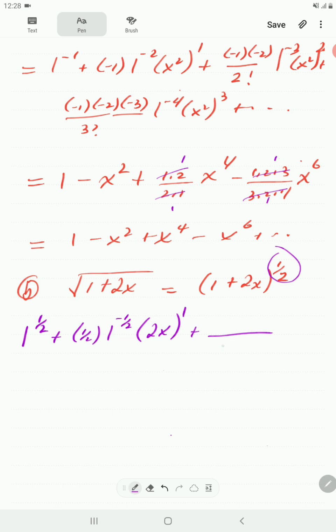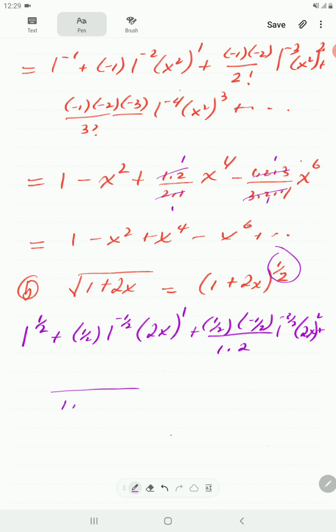Then for the next term, we have got 2 factorial in the denominator, and we need 2 terms in the numerator, starting from half. So we're going to have 1/2 and negative 1/2. 1 will now be to the power negative 3/2, because those powers are going down. 2x will be squared.